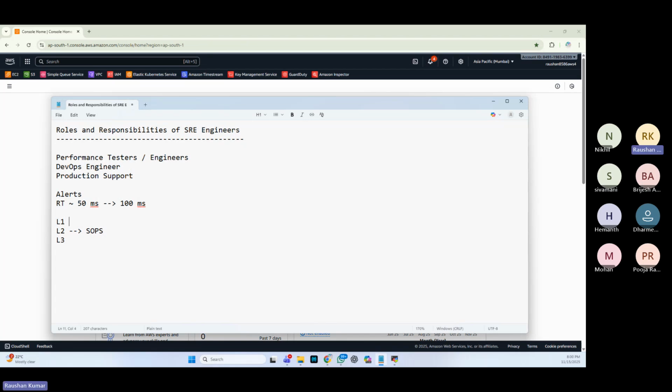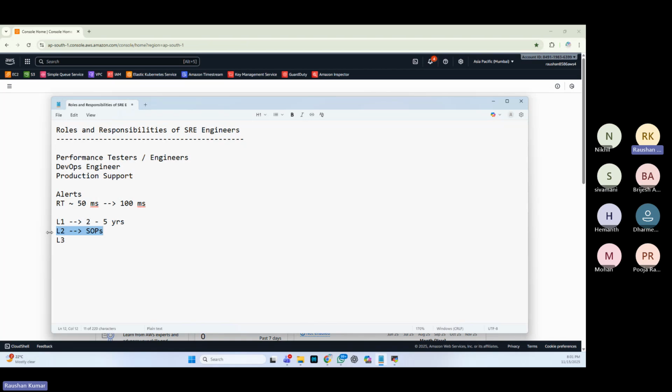L1 engineers are like 2 to 5 years of experience, and they join as L1 engineers, and they know how to deploy the application. They know how to capture a metric, how to take the logs. They're very good at these things, right? And they know what needs to be done if an alert comes, because they have been instructed through SOPs. And basically the L2 engineers who understand the application have to help write the SOPs.